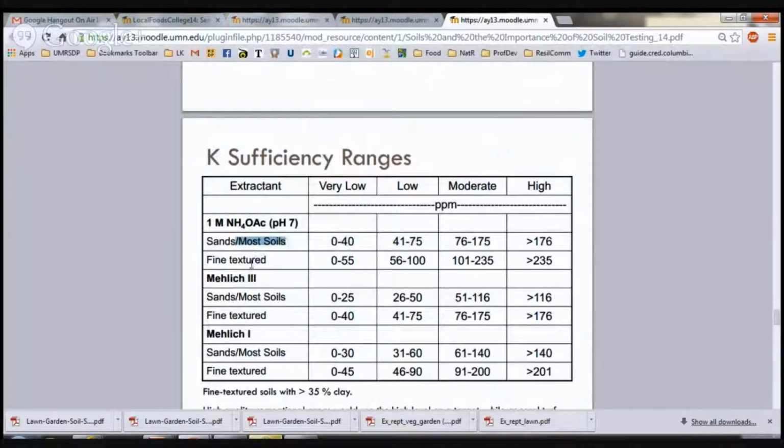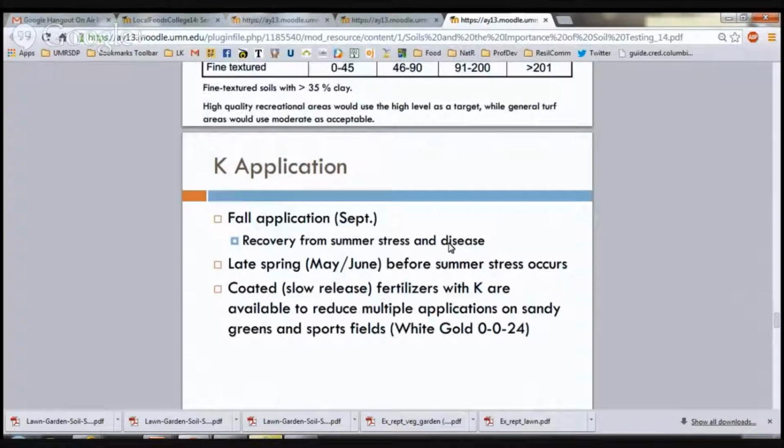The fine texture would be a soil that's greater than 35%. So based on the soil test report, you look at the concentration to see if you're very low, low, moderate, or high. Okay. So usually we're applying before stress and after stress for recovery with potassium applications.